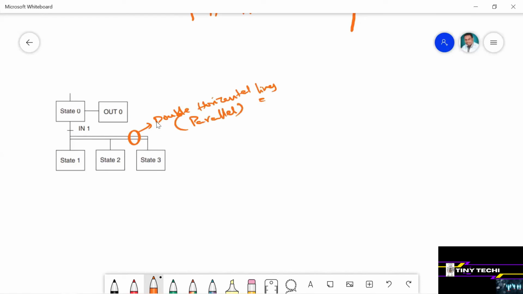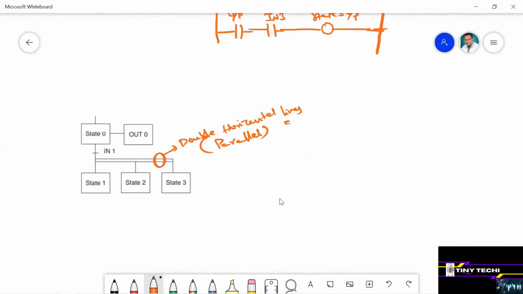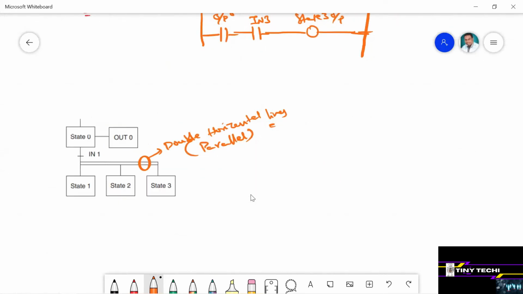In series you find only a single line, but in the case of parallel branching we have the double horizontal line. So what happens here, we have three states which occur based on the transition condition input 1. When input 1 occurs, state 1, state 2 and state 3 are simultaneously on or realized.